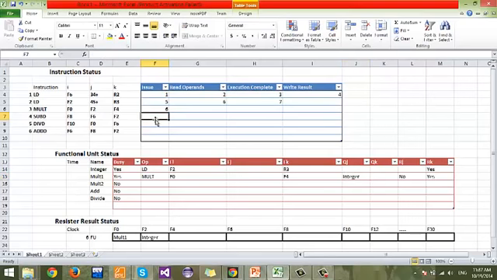And what about sub d? Can it be issued in clock cycle 7? Okay, I can see there is one add functional unit that's free. So sub d can be issued.